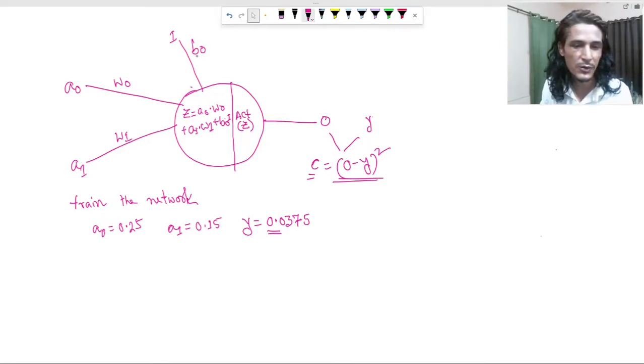This is known as the bias of the neuron. Each and every neuron in a deep learning network has its own bias.